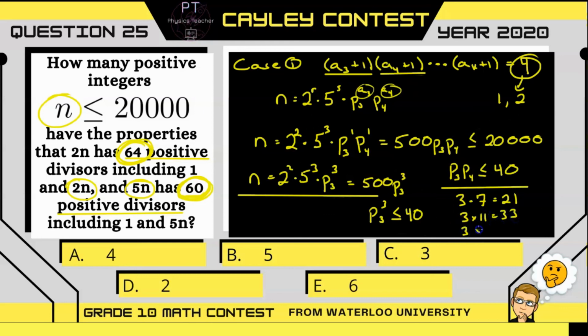And 3 and 13 will give us 39. So that is 3 possibilities right there. And those are the only possibilities. And for this one here, the only possibility is 3 cubed. 7 cubed is going to be way over 40. So that's one possibility, for a total of 1 and 3, 4 possibilities. Our answer is A.